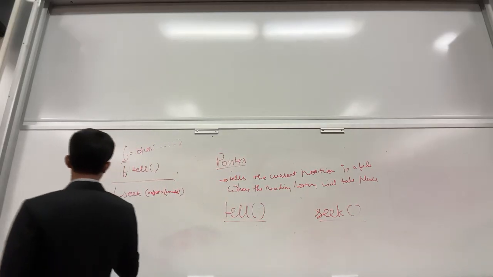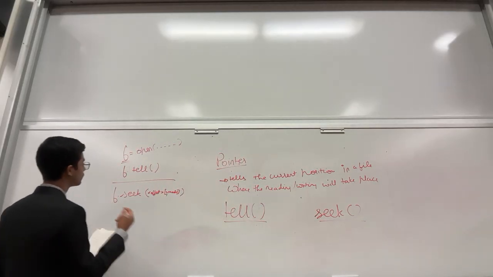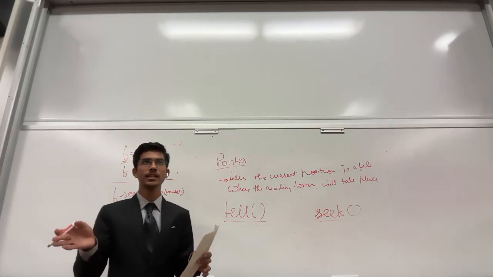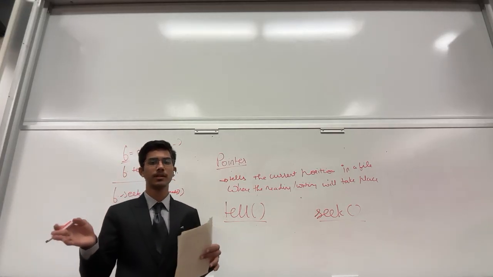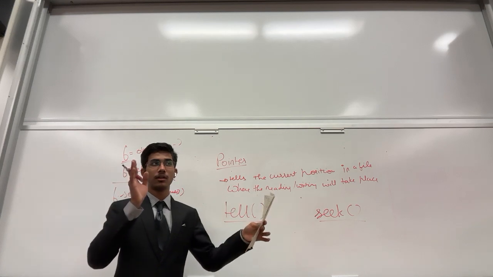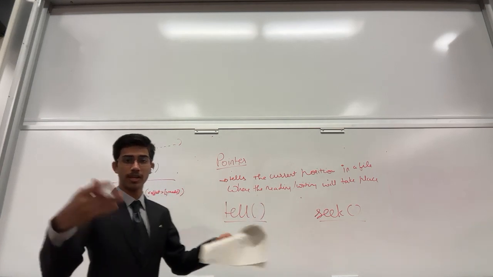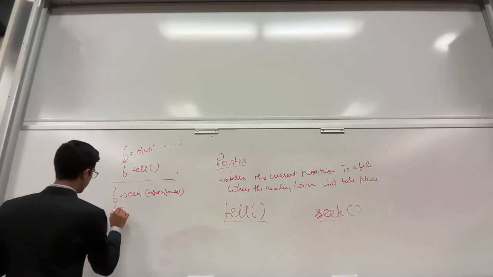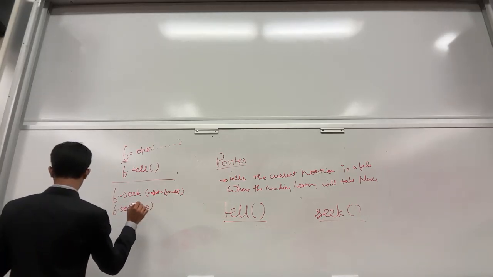So let's say I want to move the pointer 20 bits to the left or right. Let's take right. So then I'll say f dot seek 20.